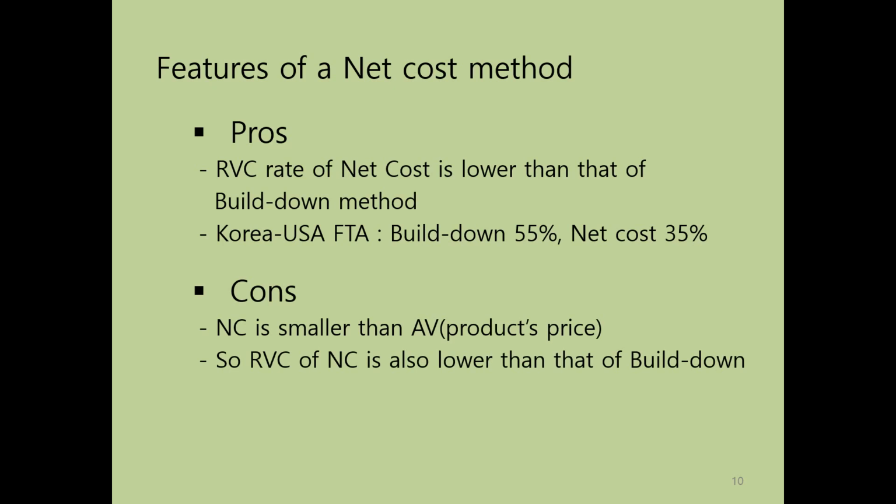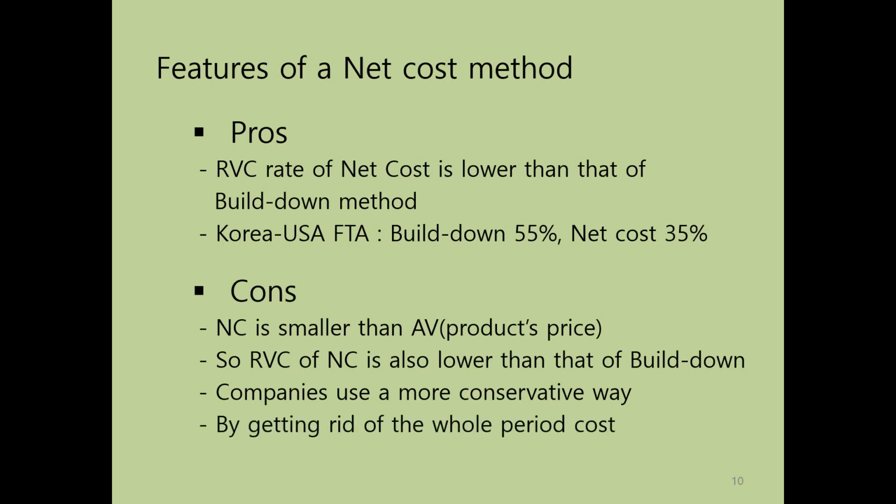Besides, we came to know that car companies use the method more conservatively by getting rid of the whole period cost, which makes the denominator small again, and it leads to a decrease of RBC rate.